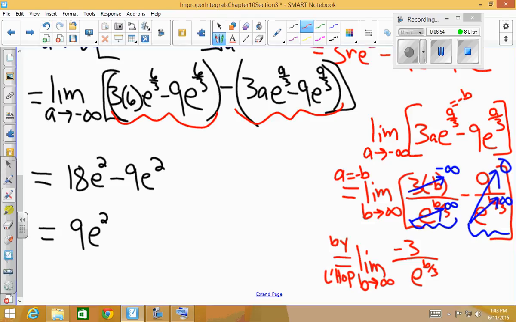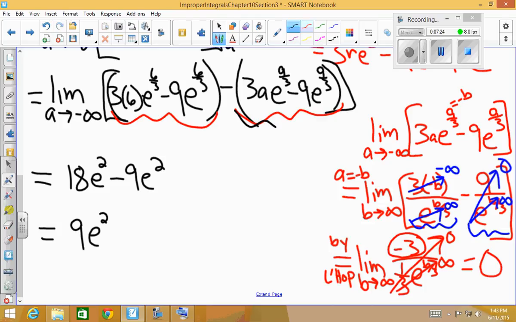The inside is the exponent. The derivative of b over 3 would be 1 over 3. Now, the numerator here is negative 3. That's a constant. The denominator, just as we talked about previously, is getting closer to infinity. So the denominator is getting larger and larger. This makes the whole fraction get smaller and smaller. So its limit is 0.